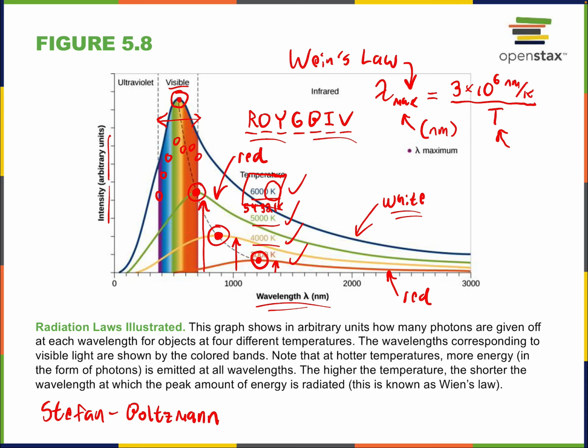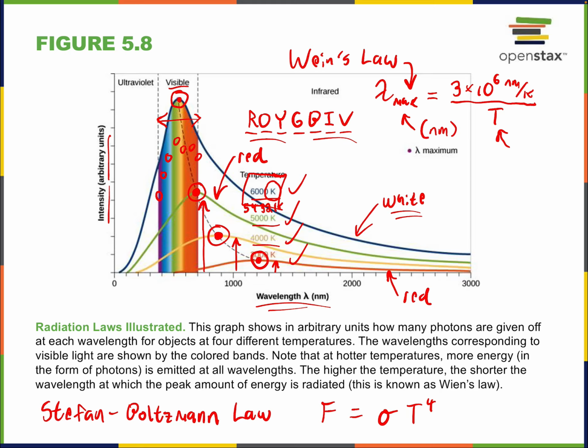Two N's on Boltzmann. The law says that the flux, which has the same units as intensity, F for flux, and I'll clarify that in just a second, is equal to some constant called the Stefan-Boltzmann constant times the temperature to the fourth power.